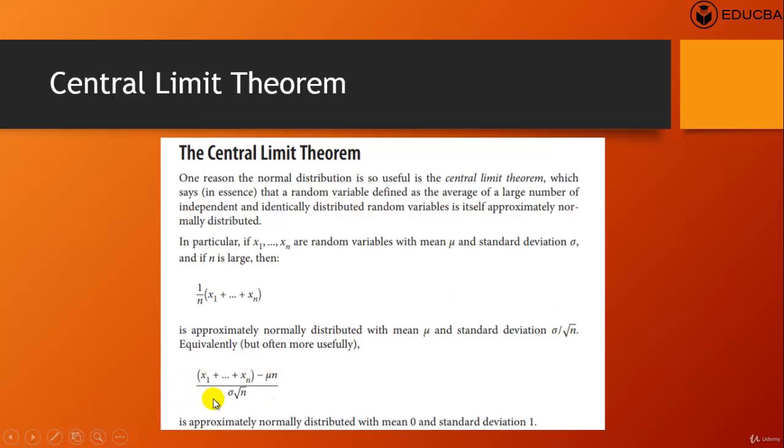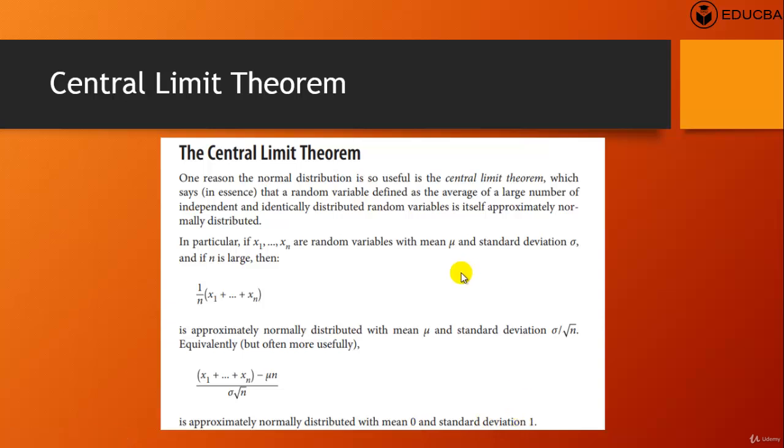The basic formula for the central limit theorem is the summation of xn minus n times mu, which is like the mean of n values, divided by sigma times square root of n, and this is approximately normally distributed with mean 0 and standard deviation 1.